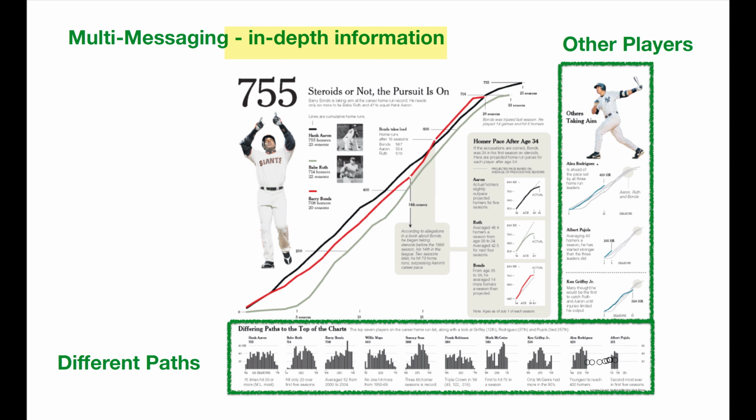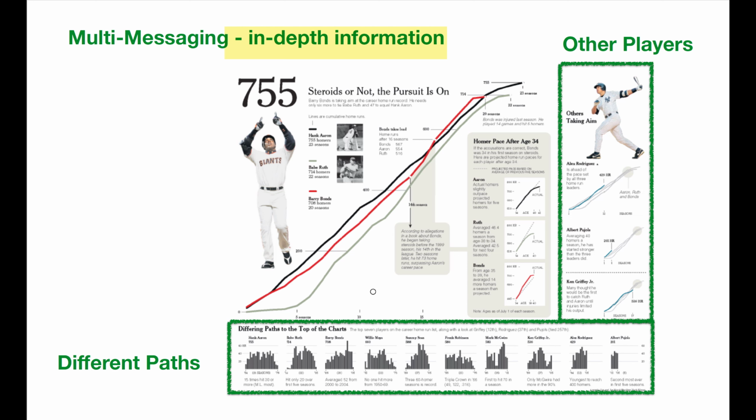And other active players at the time included Alex Rodriguez, Albert Pujols, who were also on significant pathways, accumulating more home runs at a faster pace than the historical Hank Aaron and Babe Ruth.